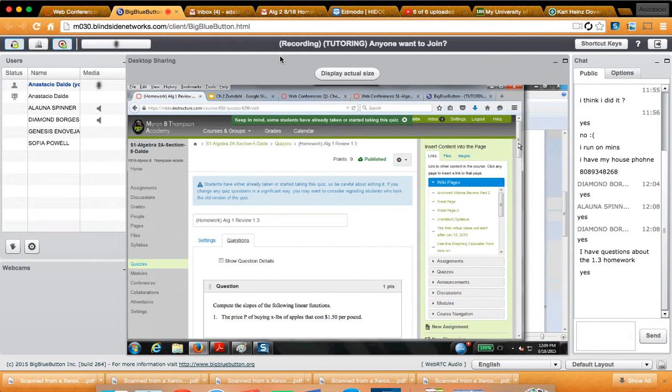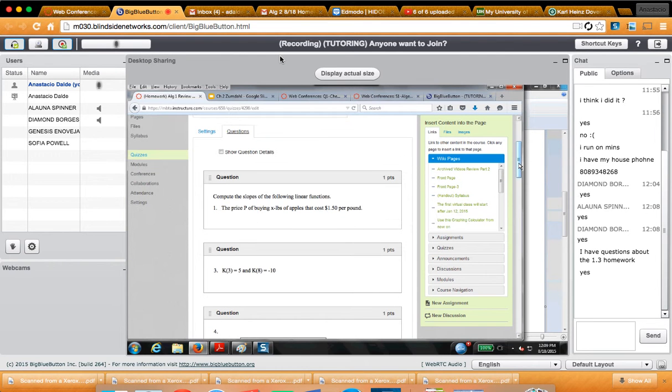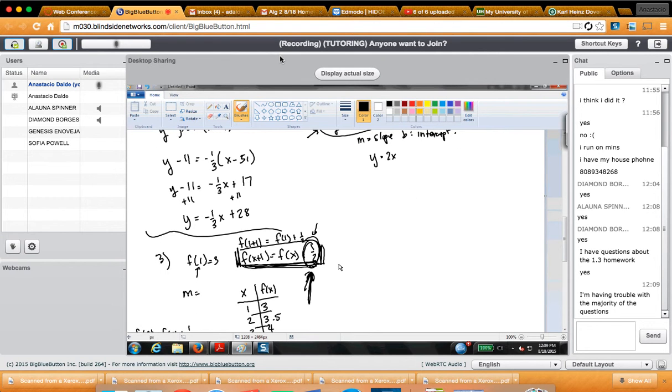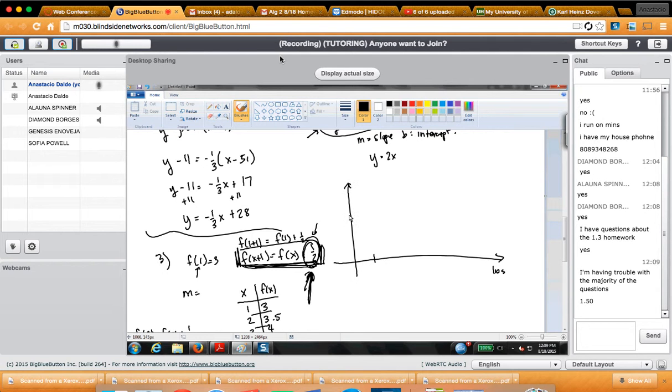Okay. The price P of buying x apples at the cost of $1.50 per pound. All right. The way I think about that is, if I were to graph this thing, and if I were to have 1 pound, how much would it cost me? $1.50.